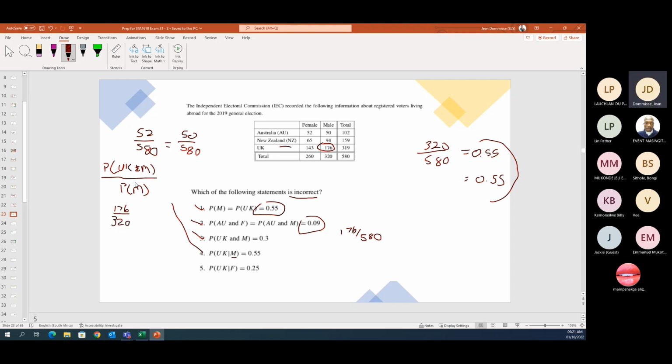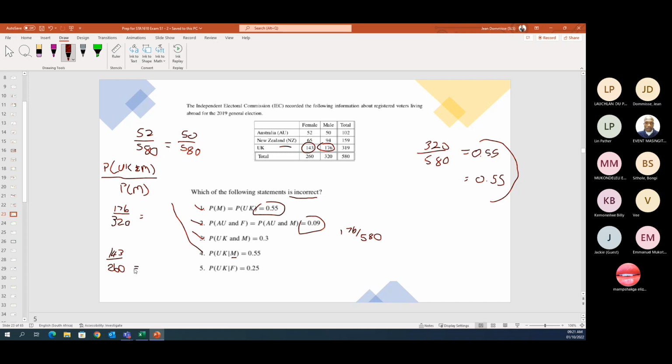And while we have that, let's do the UK and female as well, because it's exactly the same. UK and female, 143, given female, 260.